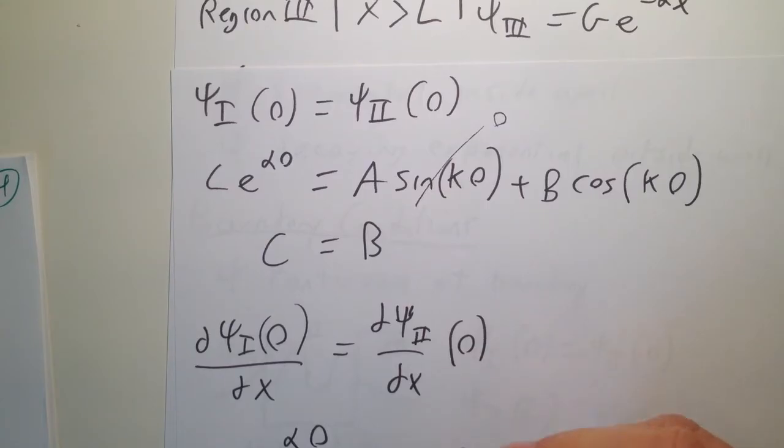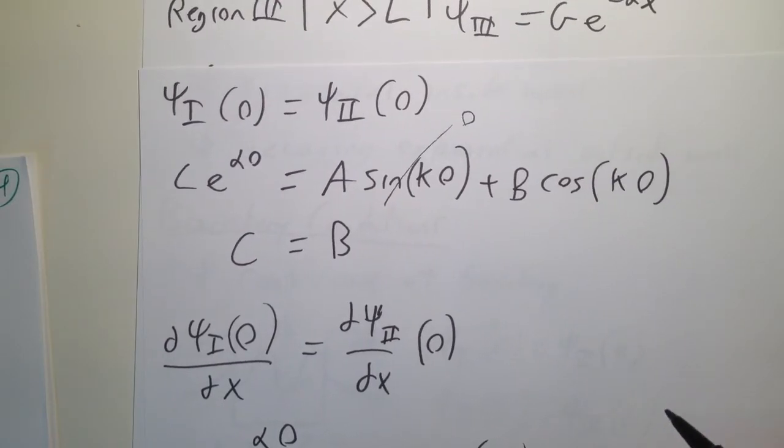So when I take the derivative of sine, I get cosine, so I have plus a k cosine of k times 0, minus b k, the derivative of cosine is negative sine, sine of k times 0.